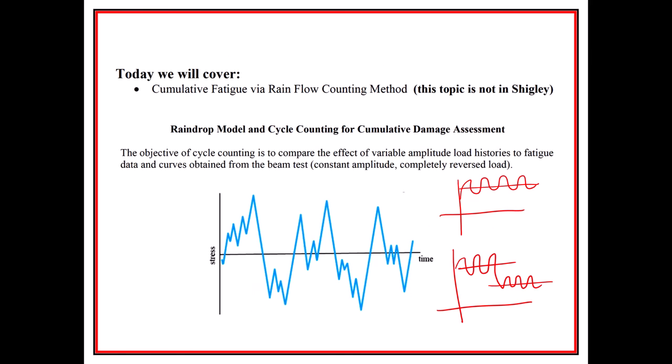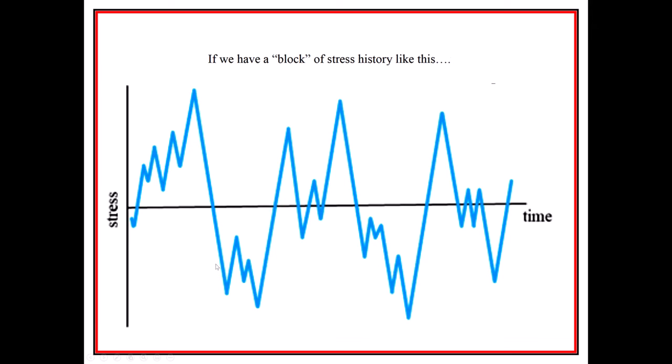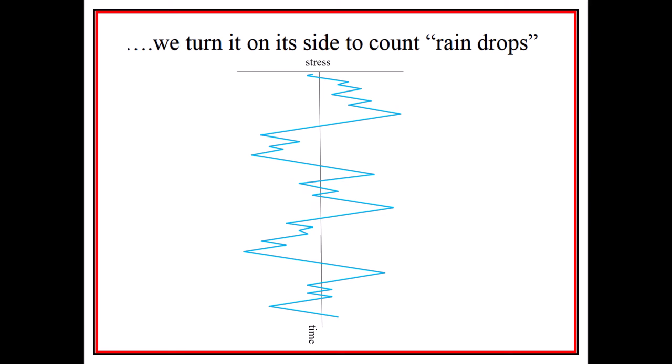And we want to be able to convert this into something compatible with the only information we have, which is from a constant, completely reversed test. So we need to do an apples to apples comparison. What we do is try to identify a block of time history, and we turn it on its side.